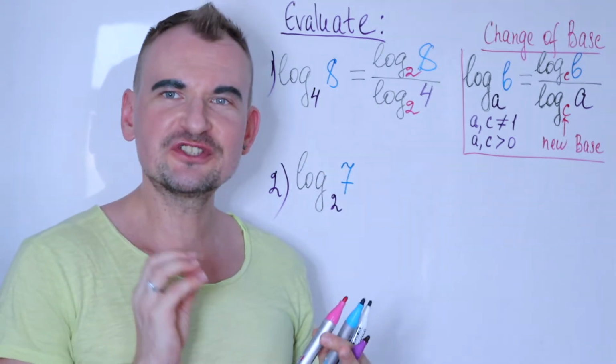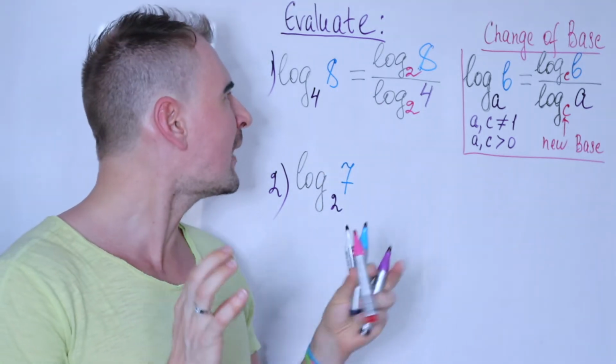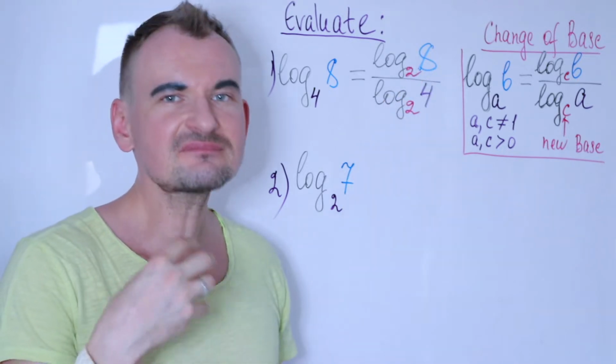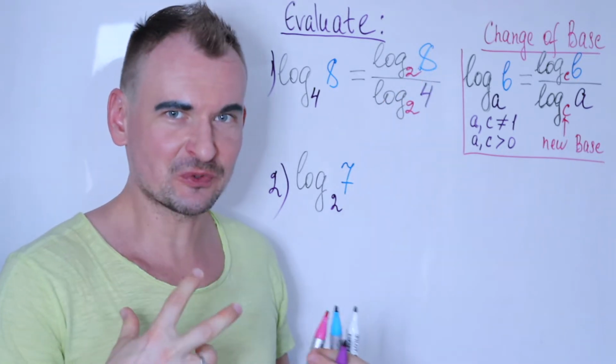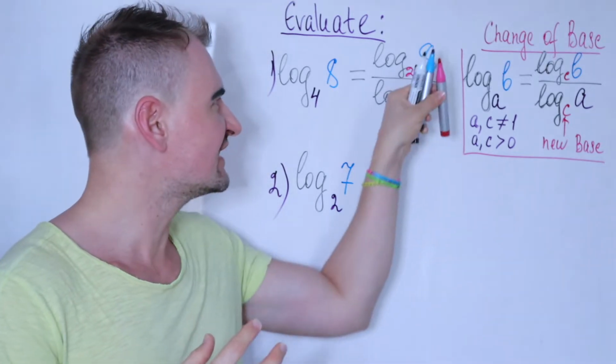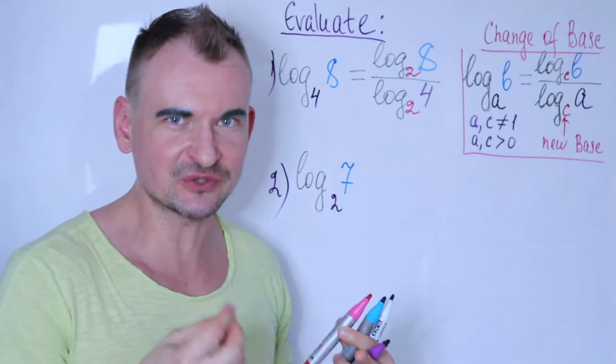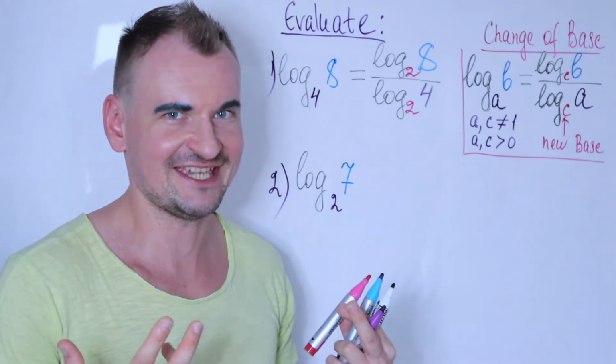So all you need to do is ask yourself, what power does this little base 2 have to be raised to produce this number 8? And the answer is 3, since 2 cubed gives you 8.